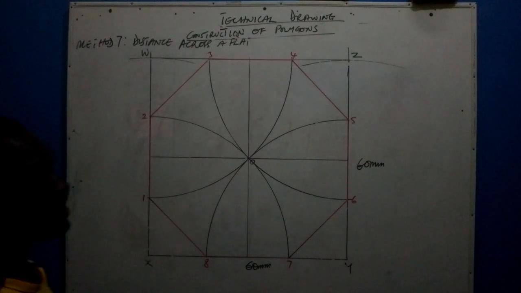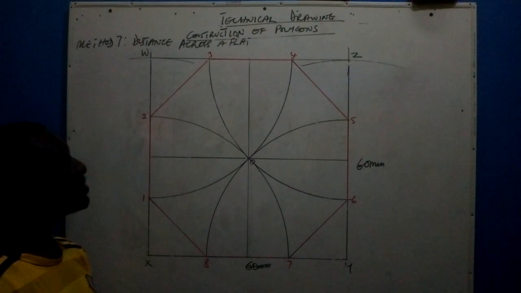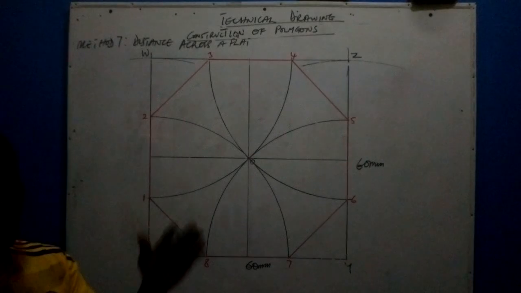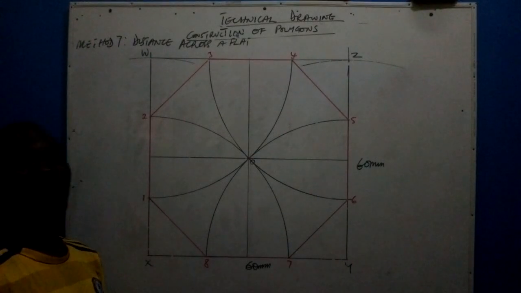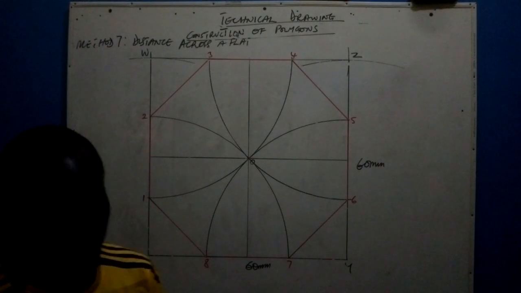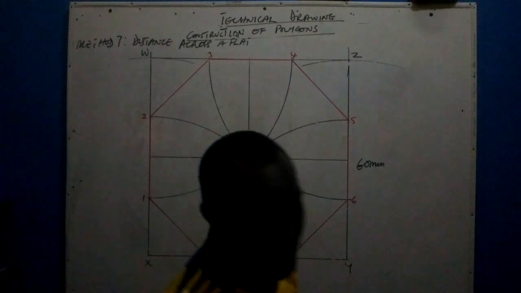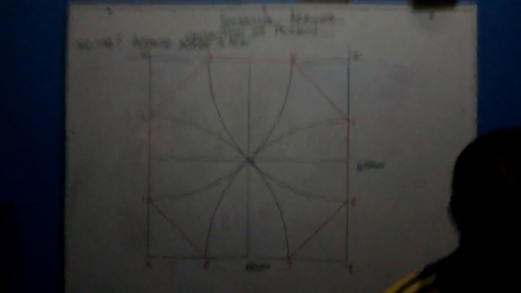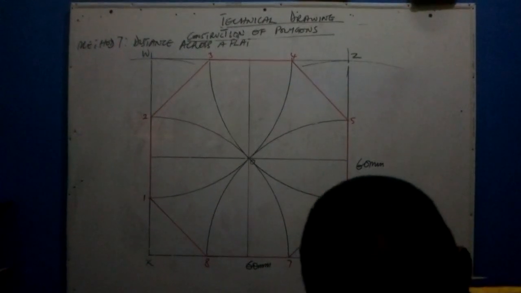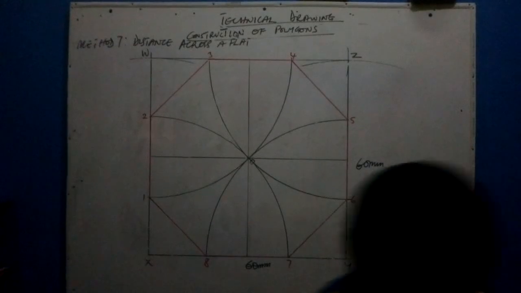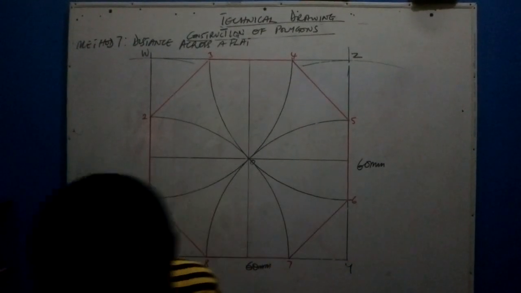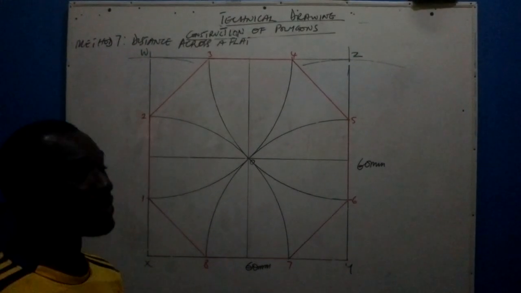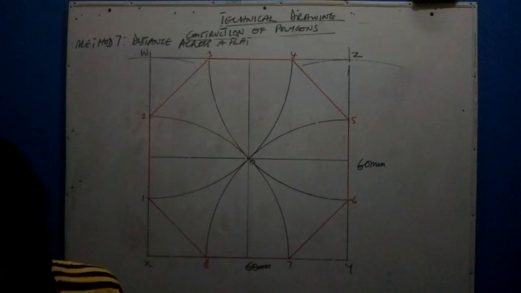Thank you very much. That's the end of the construction of polygons. The methods we have done: method 1, which is the general method that uses 45 degrees and 60 degrees. We looked at the diameter or circle method, also known as the diagonal method.